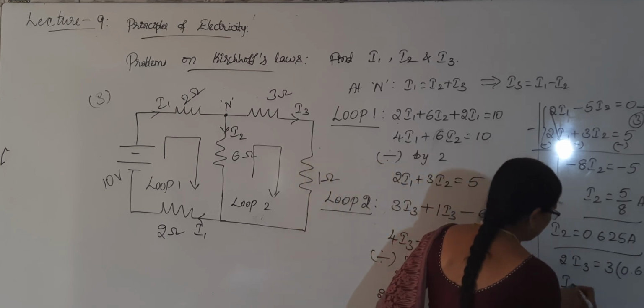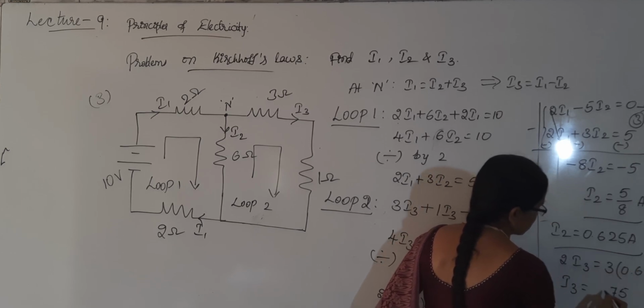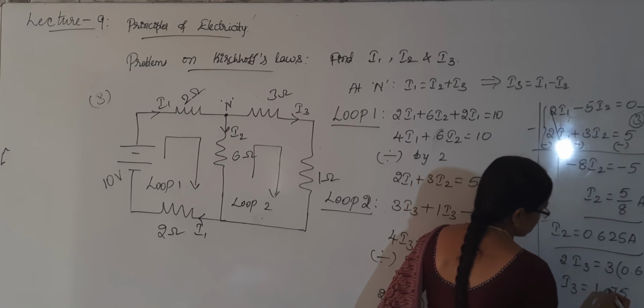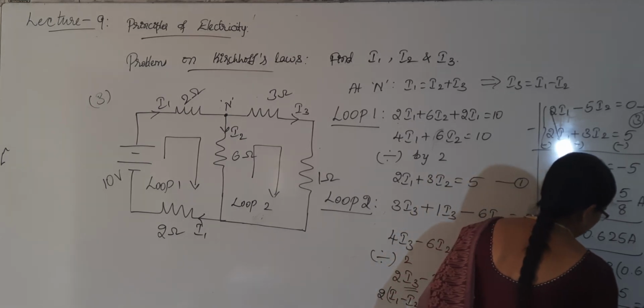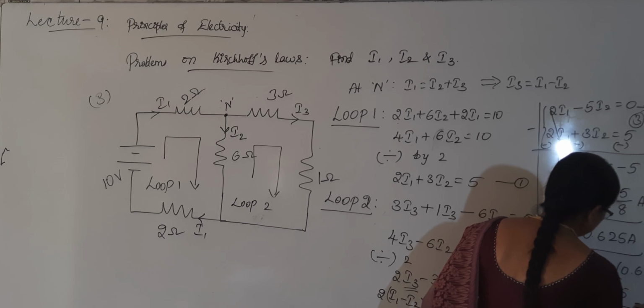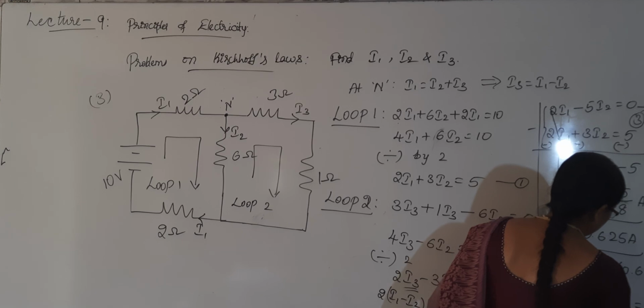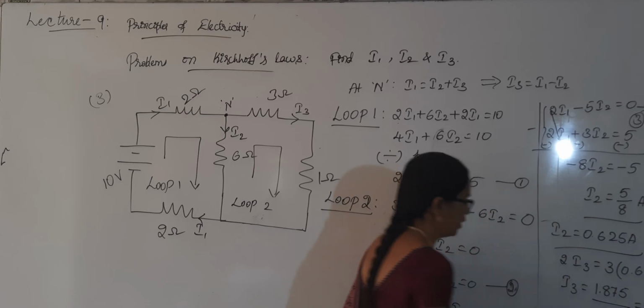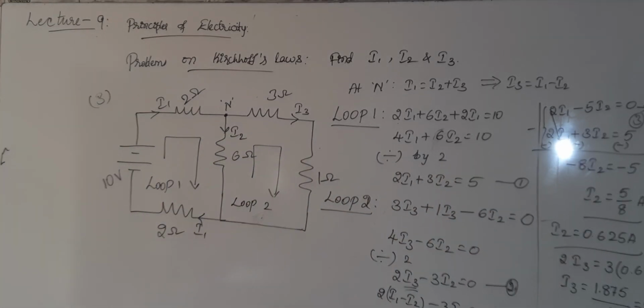We will get the value for I3 is equal to 0.934 something, 0.934 amperes is the I3 value.